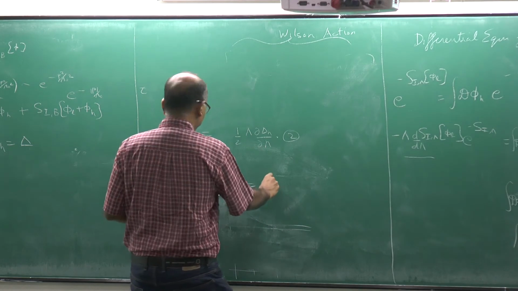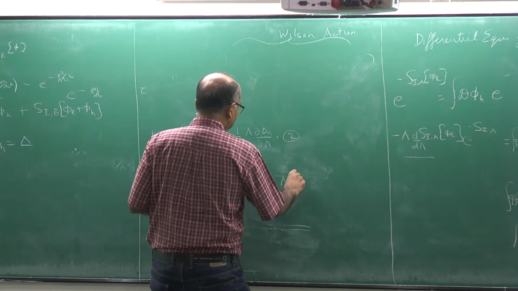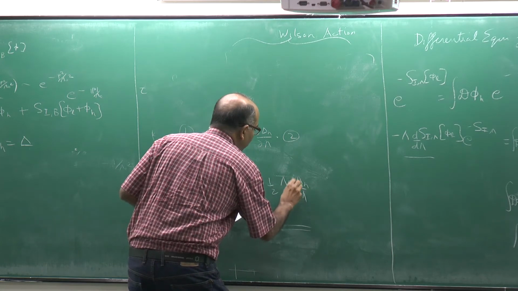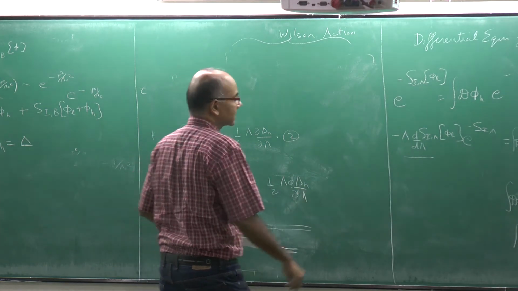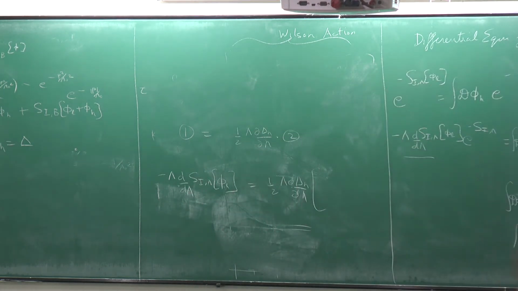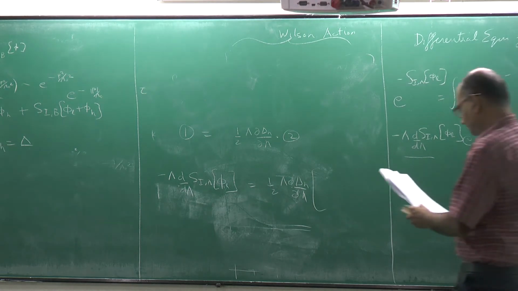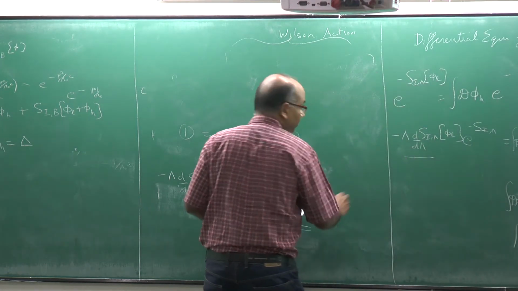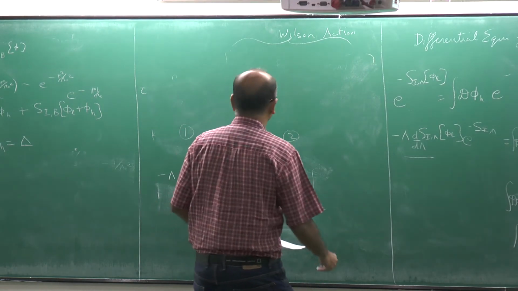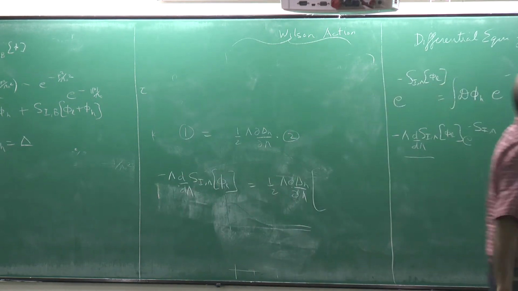This must be half lambda d delta h by d lambda times that object, which is d squared by d phi squared. So what is this acting on? This is acting on this whole thing.